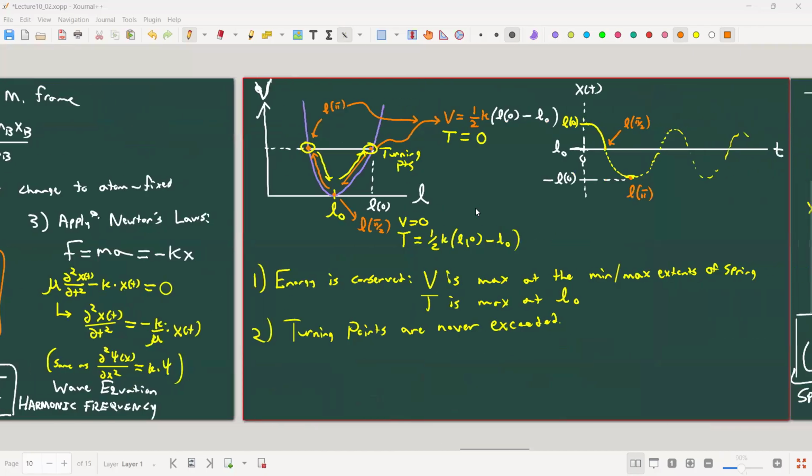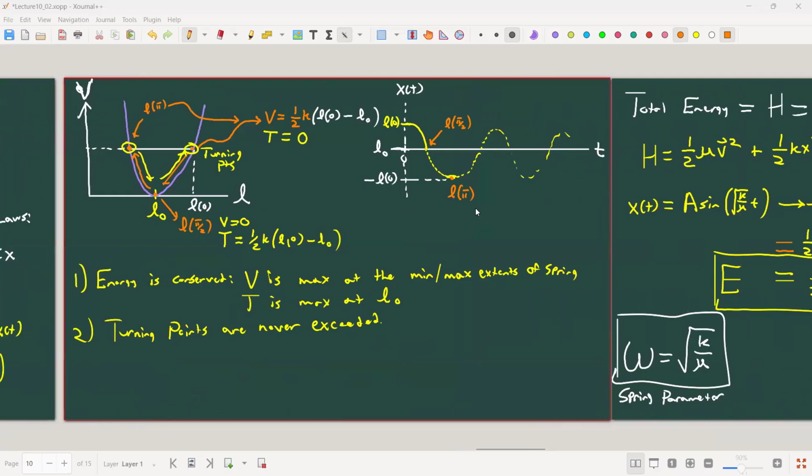I'll keep talking. So we talked a little bit about the motion of the spring, and again, the important thing that I want you guys to know, it's not a super important property, but it's good for comparison later on, is that there are these turning points. These are the maximum and the minimum extents of the spring, given the energy you put into the spring. Right, so the spring never extends longer than you stretch it.